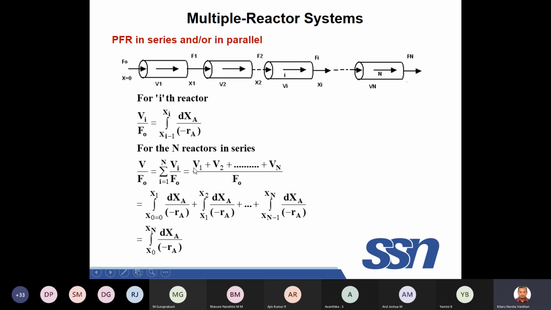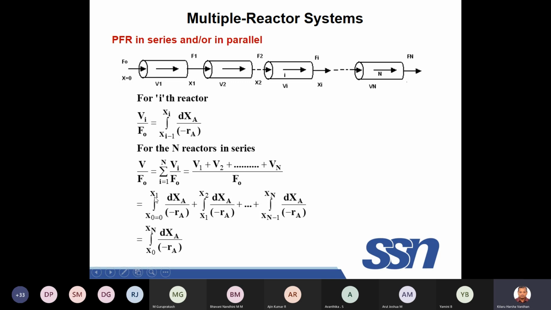That is equal to V1 by F naught. If you substitute 1 here, you are getting x0 to x1 dxa by minus Ra. Like that, V2 by F naught, if you substitute i is 2, you get this. So in this integral, the upper limit of one is the lower limit of the next, and inside it is the same.